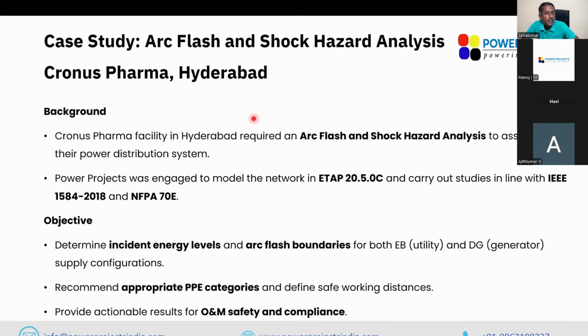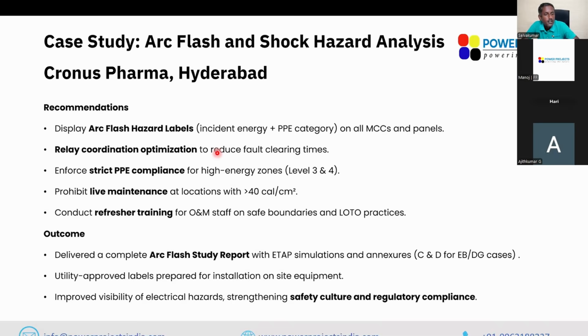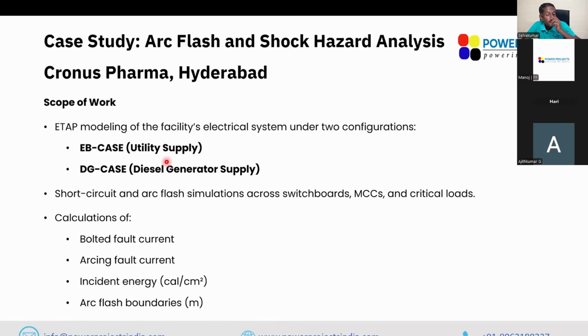So this is one pharma industry in Hyderabad. Typically, pharma industries need these arc flash studies, right? This is an interesting industry where the diesel generator case, the transformers with the bus coupler open, one transformer feeding the entire load with the bus coupler closed, and DG, all the cases have been worked out.